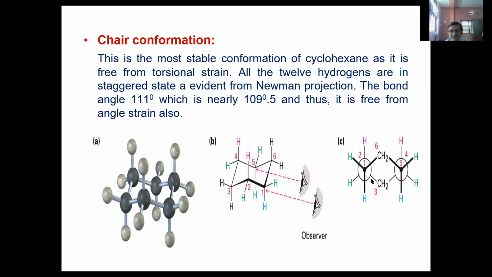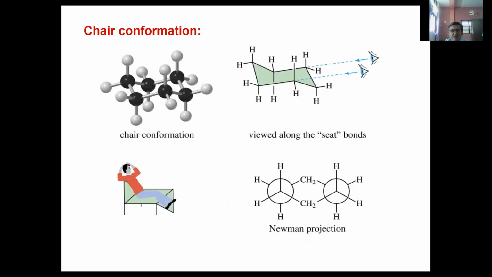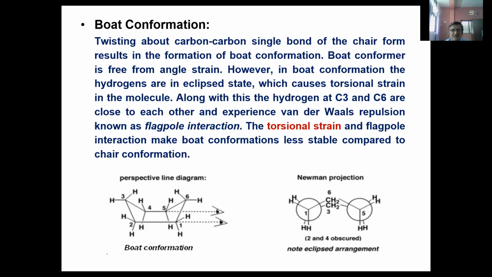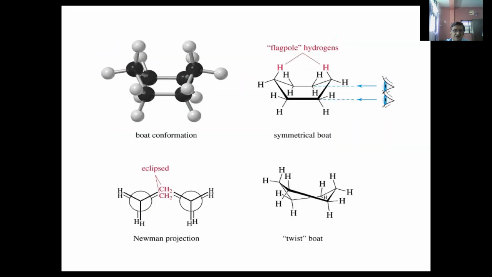The angle of deviation remains the same, but because there is no torsional strain in the structure, it becomes more stable. Whereas in the boat conformation, torsional strain is high, because the C3 and C6 groups are very close together. So therefore, the boat is always less stable than the chair conformation.